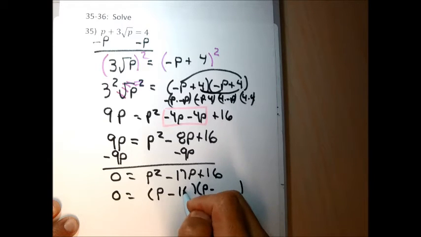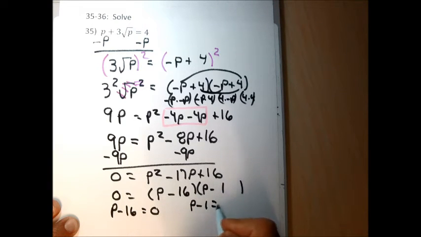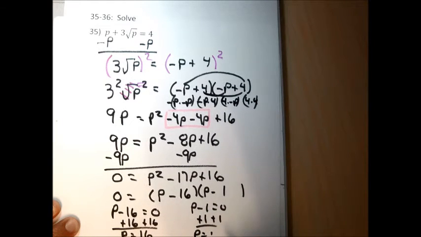This factors into p minus 16 times p minus 1. Signs are minus and minus. Lasts multiply to 16, add to negative 17. Now that I have it factored, I'll set each factor equal to 0. For the p minus 16, I add 16 to both sides and get p equal to 16. For the p minus 1, I add 1 to both sides and get p equal to 1.